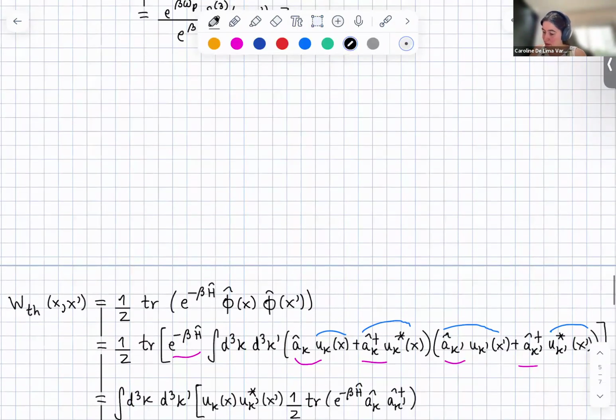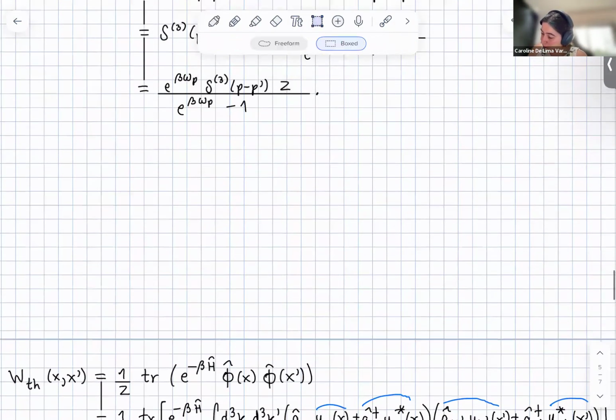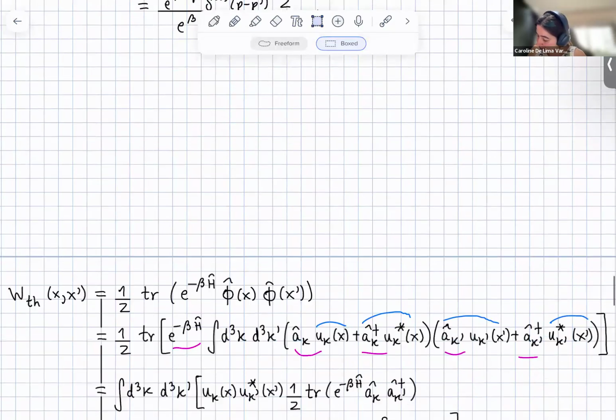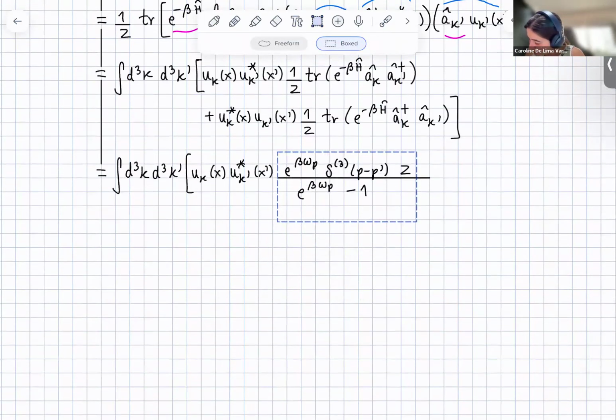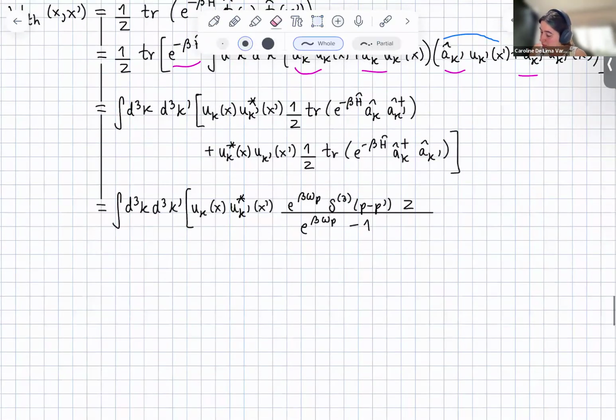So that is going to be, let me copy. So this is the result that we have. And recall that we just divided by Z. So the Z is going to drop. And I have to plug in K instead of P here, and K prime instead of P prime. So omega K, all right.